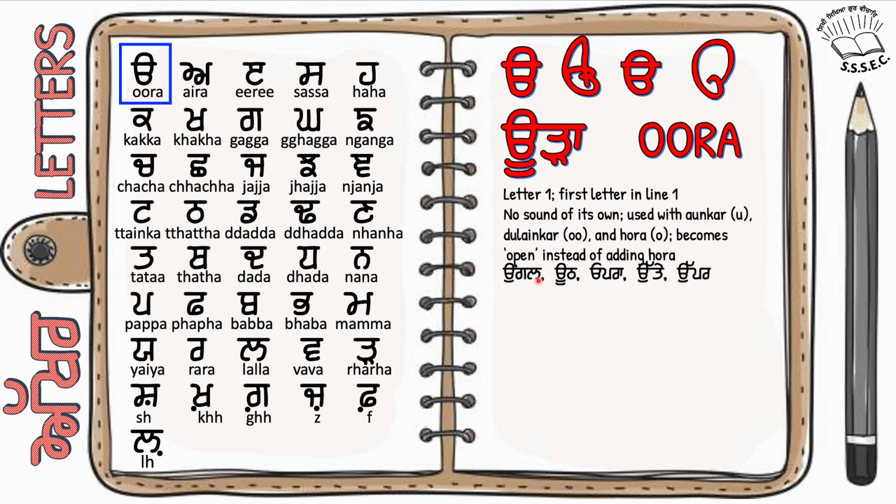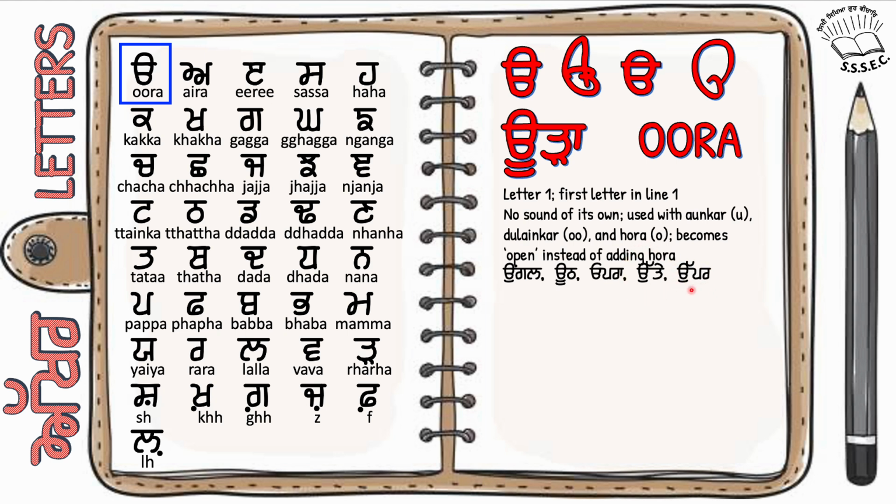So, we've got a couple of examples of words that we can make using ura. Ungal means finger. Ungal or ungli. Oot is a camel. Oont. Opera means strange, or like a stranger, or alien, or foreign. Utte means above, or on top. Utte.